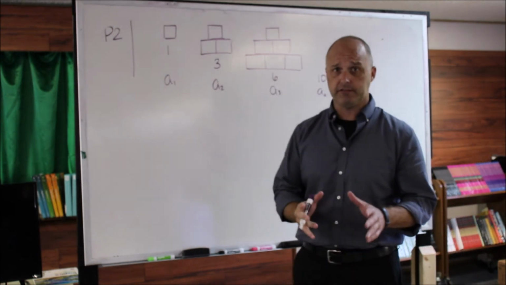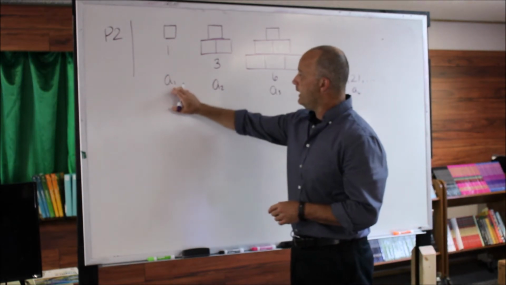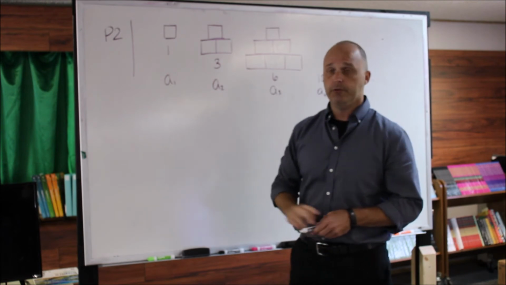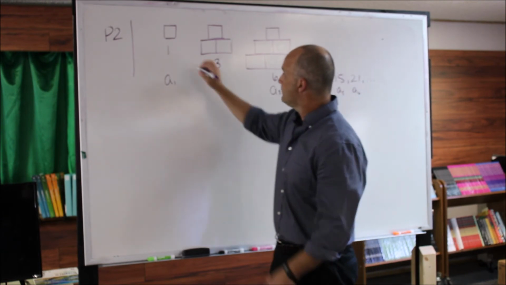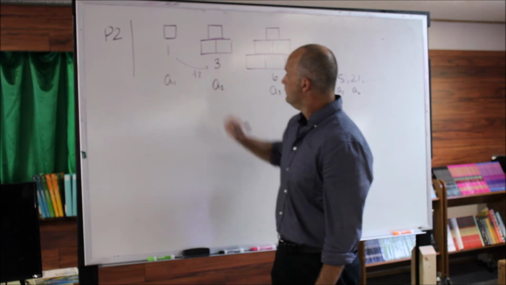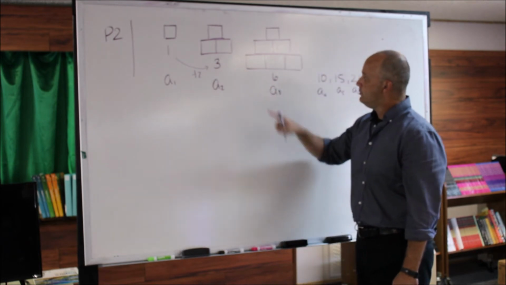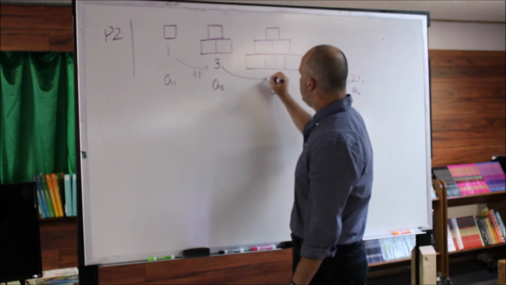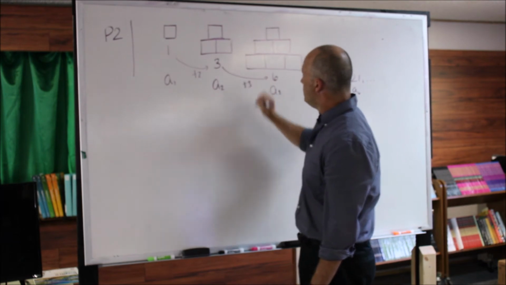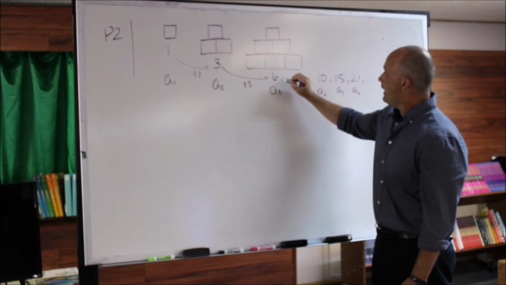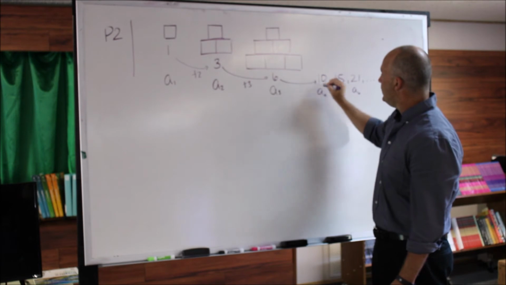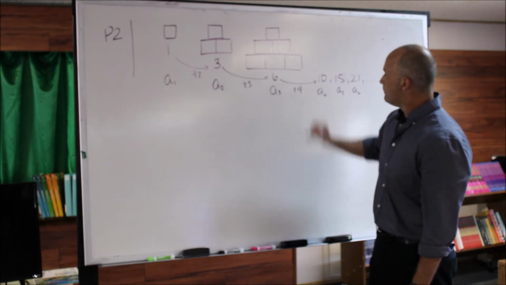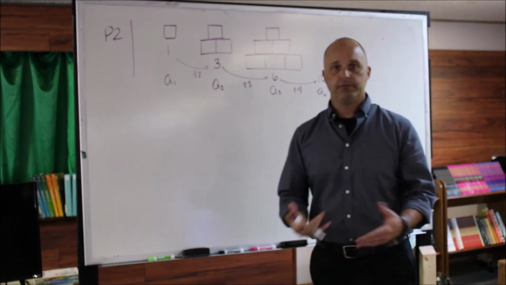Now what you can see is this. As we go from a sub 1 to a sub 2, we increase the number of blocks by 2. As we go from a sub 2 to a sub 3, we increase the number of blocks by 3. And then as we go from a sub 3 to a sub 4, we increase the number of blocks by 4. So here's what we know.